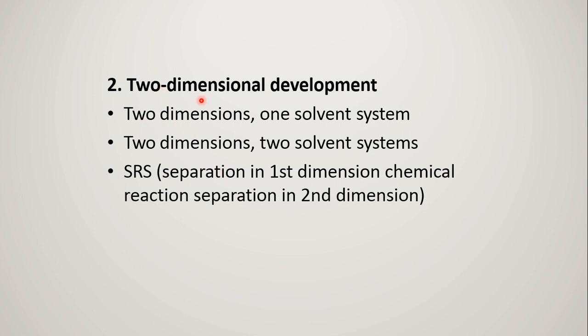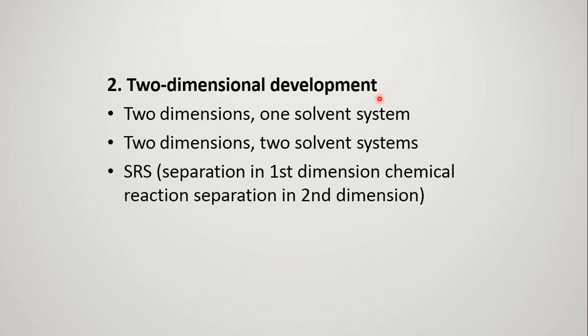But now we see two dimensional development. This technique is applied for samples which have components with very close, very related properties, so that the components could not be separated in a single run. So we have to do the experiment a second time, that is called a second run.